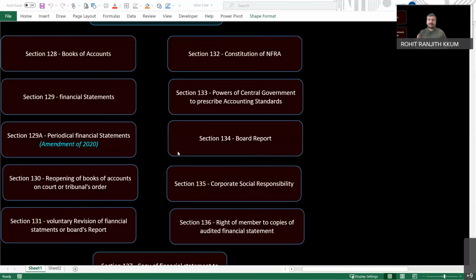So secret reserve means even if you have more profits in the books of accounts, by debiting fake expenses you are trying to reduce your profit. So actually your books of accounts are showing a lower profit, but the secret profit is there in your organization. That is called the secret reserve.